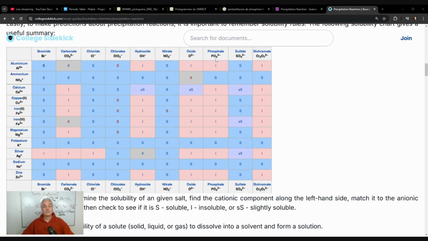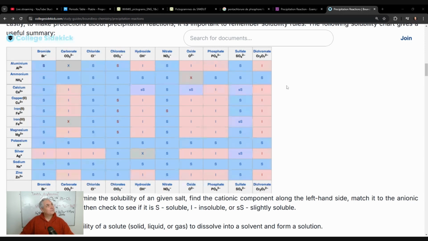However, phosphate is always or almost always insoluble, therefore it will create a precipitate, unless the phosphate is with sodium, potassium, or ammonium. Chlorates are always soluble, sometimes slightly soluble, sometimes more, regardless of the cation they are associated with. So the chart will be something important.